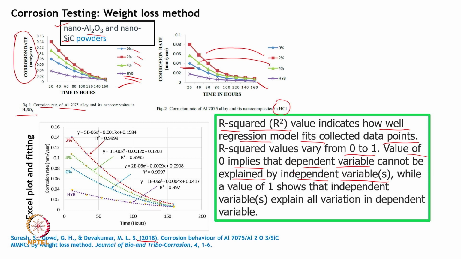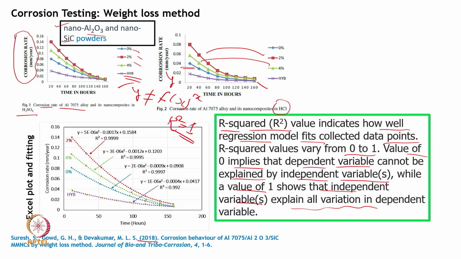That means if this is y and this is x, then 0 means y itself is not a function of x. There is no dependence. While a value of 1 shows that the independent variable completely explains all the variations in the dependent variable. That means if R square equals 1, there is a strong correlation between x and y, and we should go ahead with that relation itself.